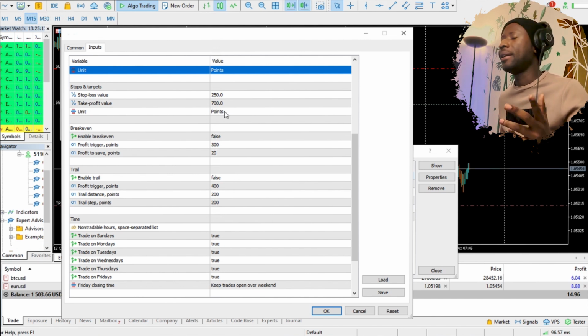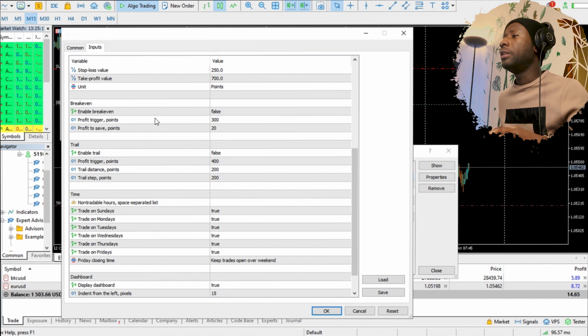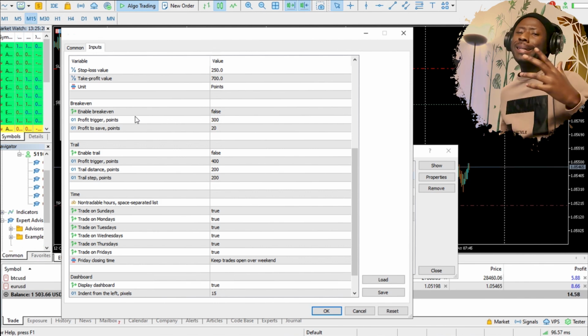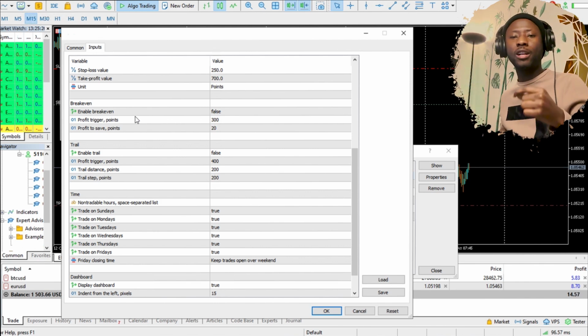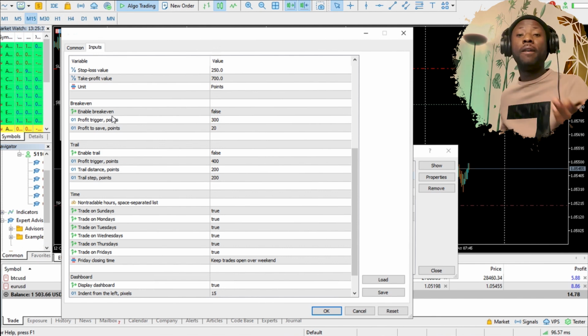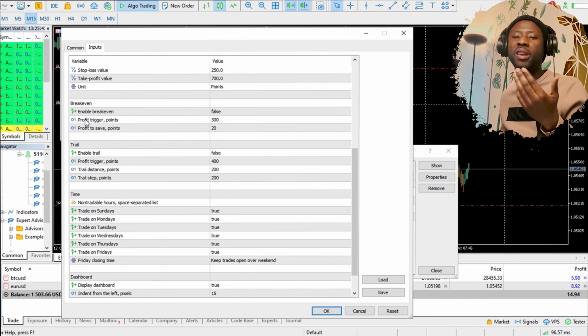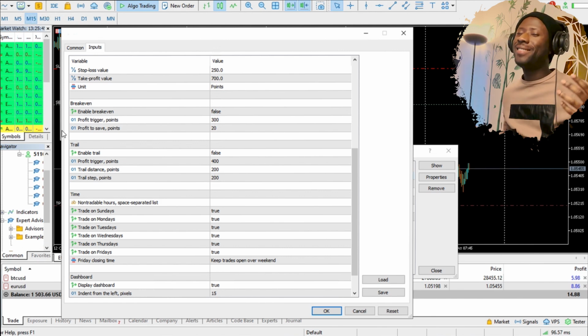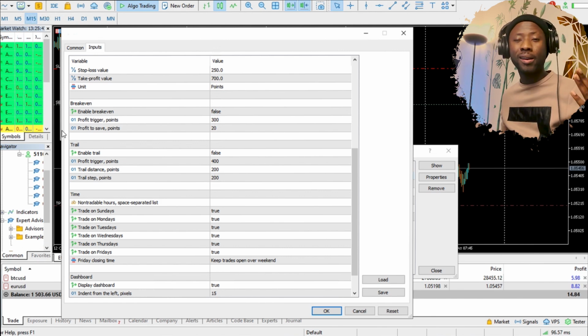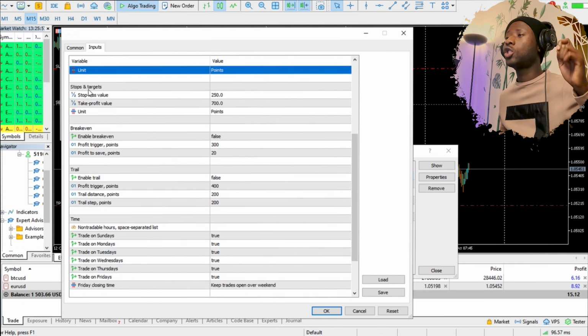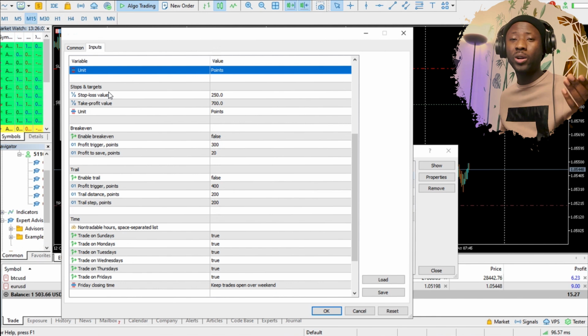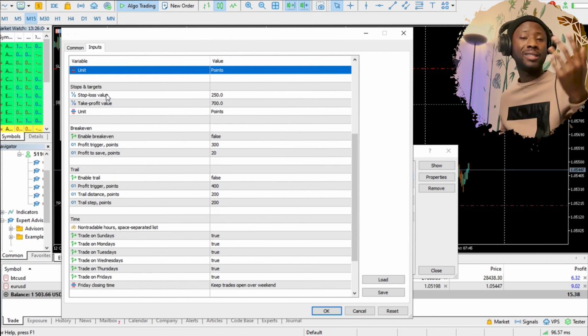And the unit is in points, okay? And the break even is not that necessary. If you have a robot that trades your personal account and the developer doesn't give you the break-even parameter, it doesn't really mess up the whole thing. The most important thing is that you have your stops and targets. Some other developers call it your stop loss and take profit target, all right?